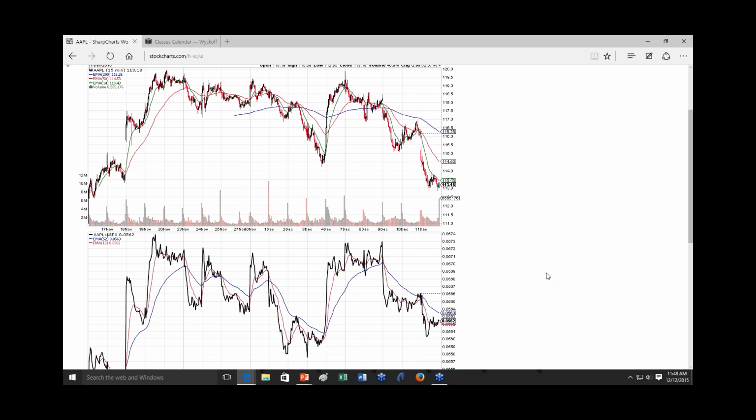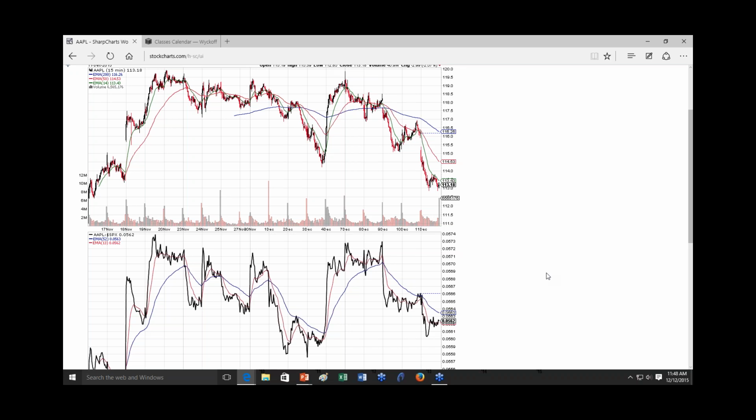Is the ranking like IBD's? Yeah, in a way it is. I'm sure that IBD probably has a more complicated ranking mechanism than we have, from what I heard. Our ranking mechanism is purely based on technical information.